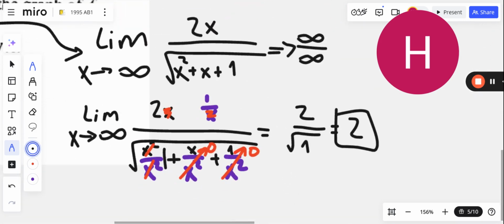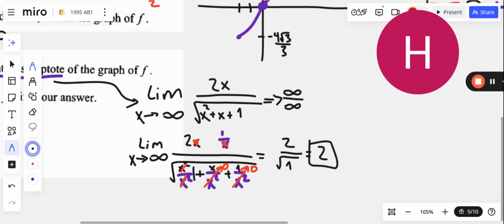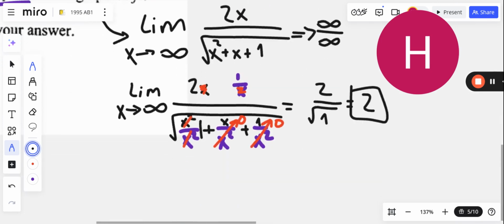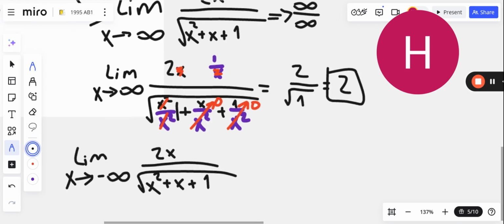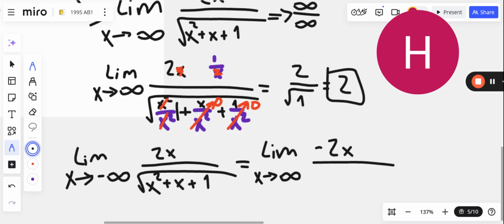Now what about on the left side? The left side actually isn't too bad, because if I were to plug in negative values, notice that the squared feature on the bottom would stay positive. So this really is the same as the limit as x goes to infinity of negative 2x over the square root business.